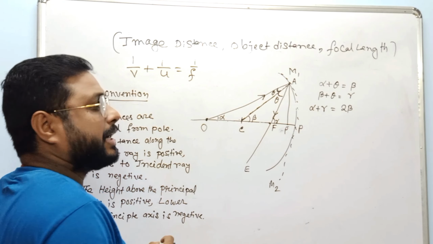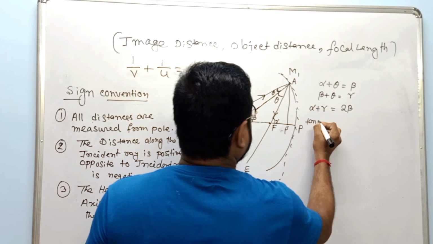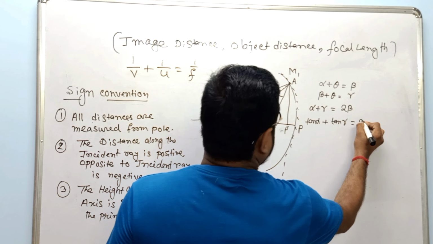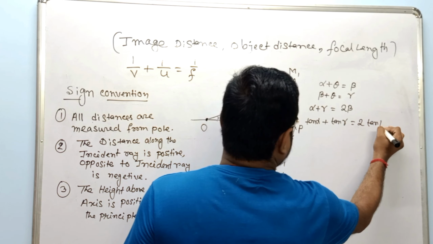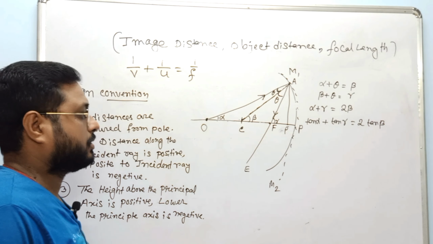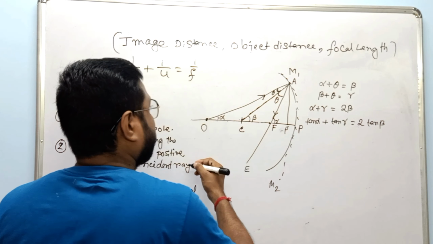As alpha, beta, gamma are very small angles, we can say that alpha is nearly equal to tan alpha, gamma is nearly equal to tan gamma, and beta is nearly equal to tan beta. When an angle is very small, then tan alpha is nearly equal to alpha. So, put the value of tan alpha. What is tan alpha?